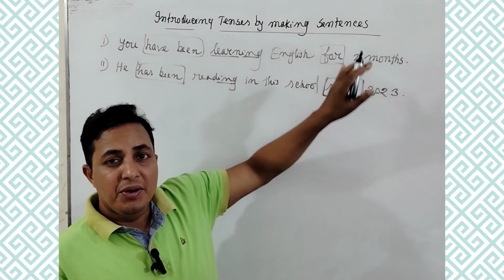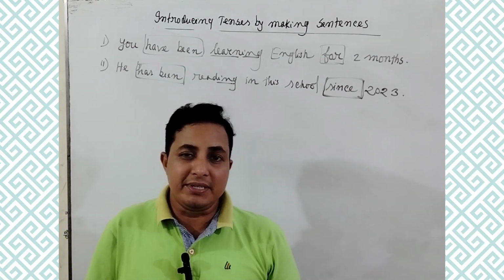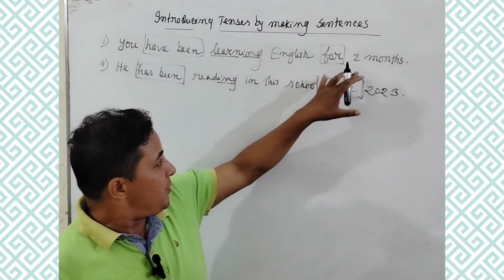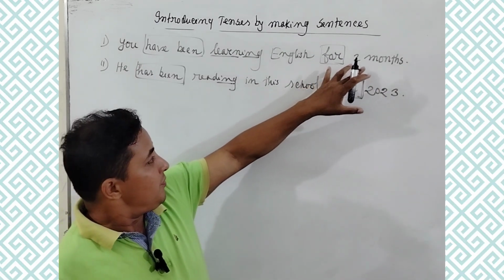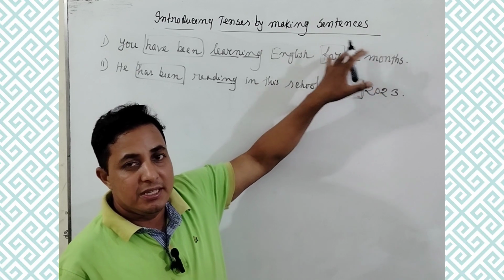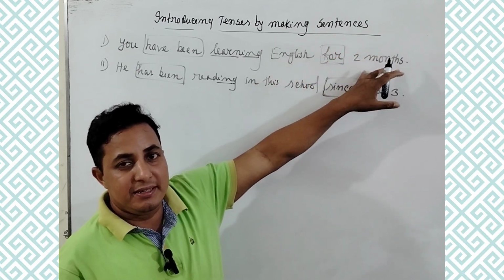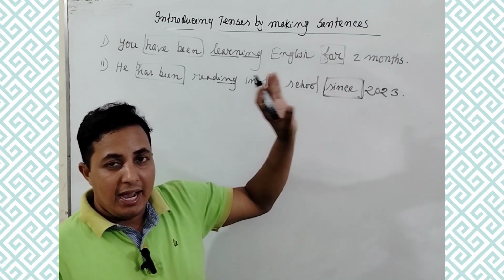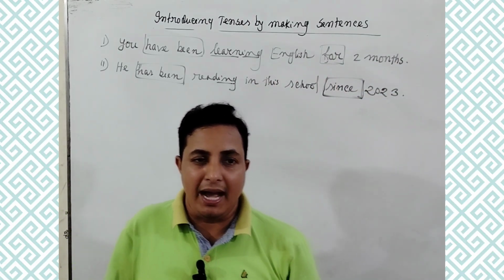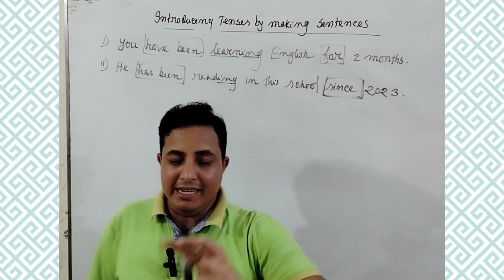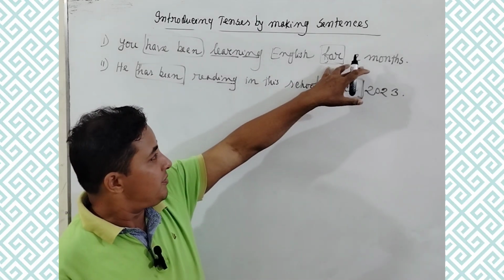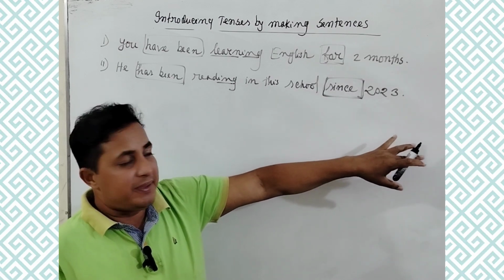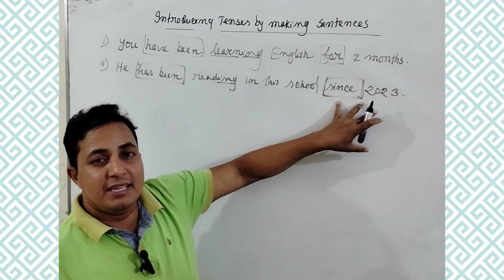Because when you start, you haven't mentioned when you started. That means for 2 months, for 2 hours, for 2 days, for 20 years, for 100 years, for 1000 years. If it is indefinite time, you must put for. When you put an exact time or specific time, you must use since.